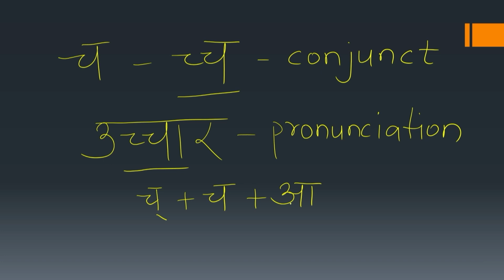This vowel sound, swar a, gives us this. Uchchar. So the first cha is half and then the pronunciation of the next cha is full.